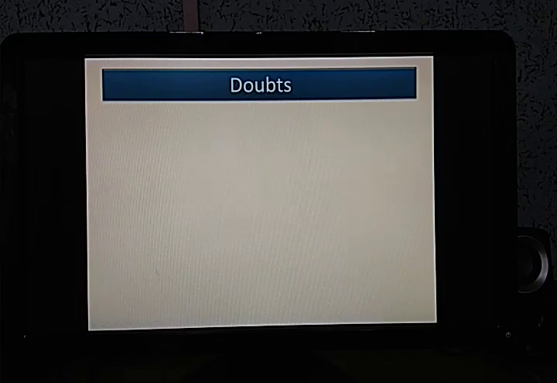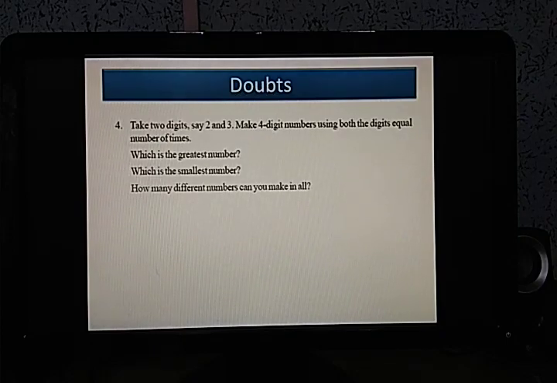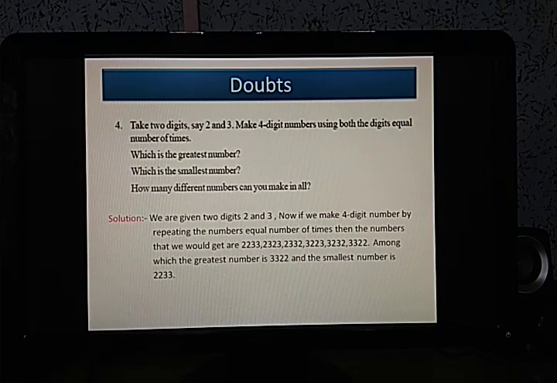Now, in the last class there was a doubt: take 2 digits, say 2 and 3, and make 4-digit numbers using them. What is the greatest number? So I have given the solution here. If there are 2 digits, 2 and 3, we have to make 4-digit numbers by repeating these digits an equal number of times. So I have repeated 2, 2 an equal number of times, and 3, 3 an equal number of times.